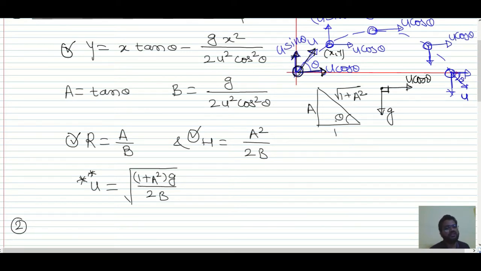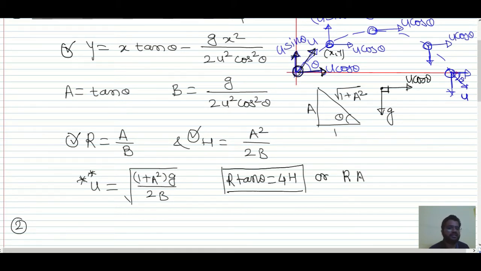So you can calculate the cos theta value and sin theta value from this triangle. And one more thing we have, and that is R tan theta is equal to 4h. This can also be written as R into a is equal to 4 into h. This you need to remember.